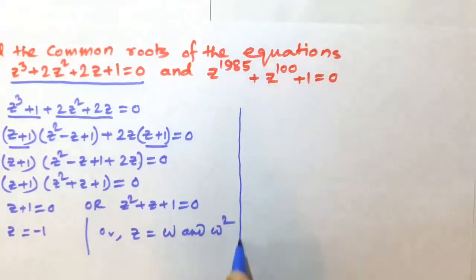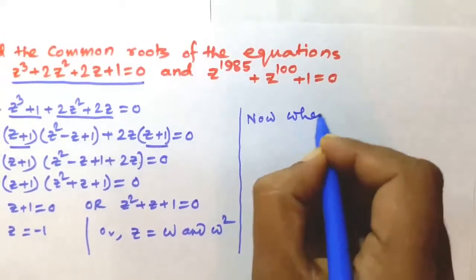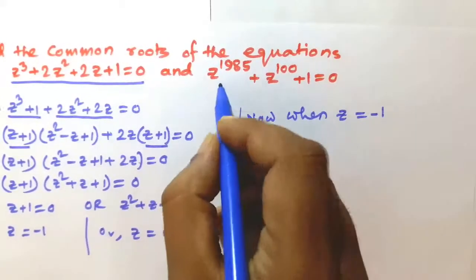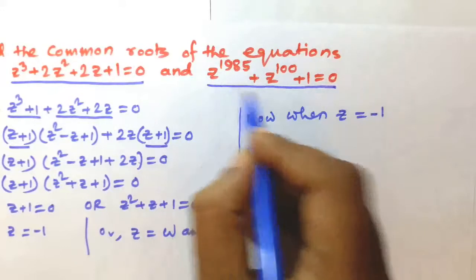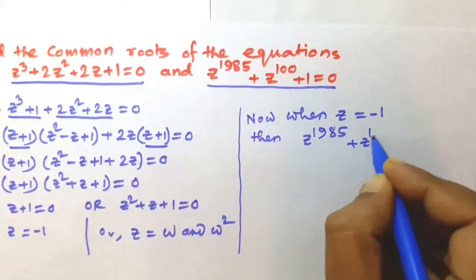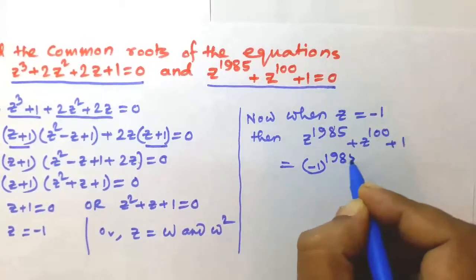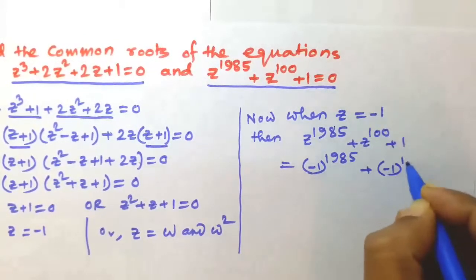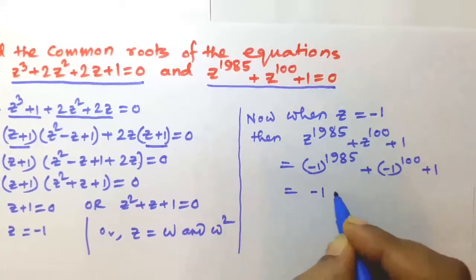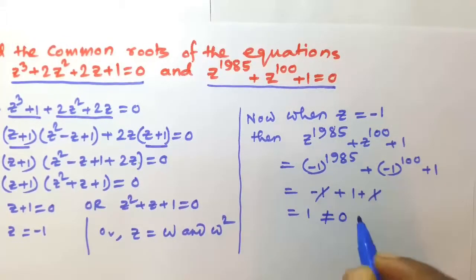Now when z is equal to minus 1, the second equation, we take the LHS of this one, z to the power 1985 plus z to the power 100 plus 1, that is equal to minus 1 to the power 1985 plus minus 1 to the power 100 plus 1, which is minus 1 plus 1 plus 1, so equal to 1, which is not equal to 0.